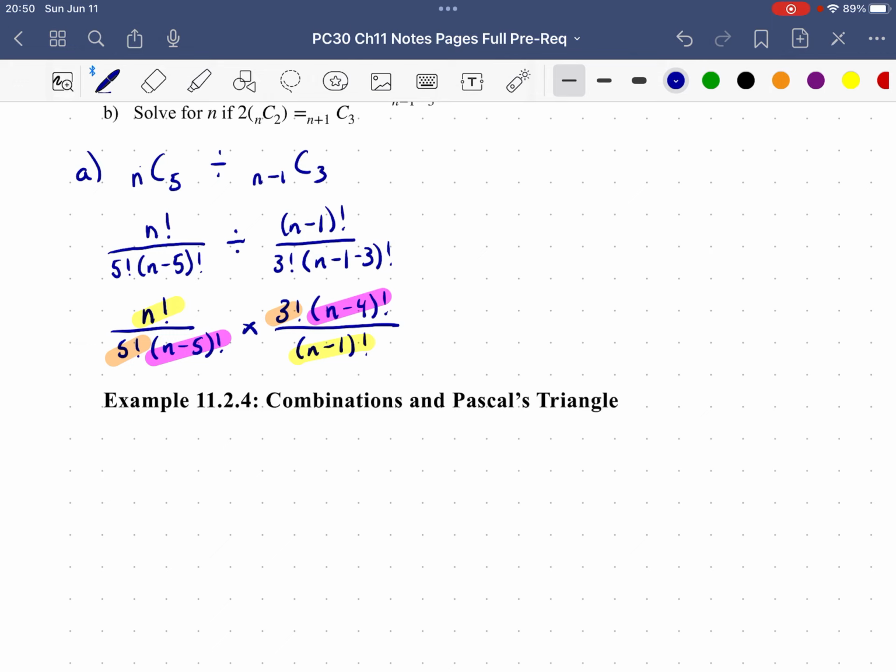So let's take a look at n factorial. n factorial is n times (n minus 1) factorial. Hey, that's neat. 5 factorial is 5 times 4 times 3 factorial, right, because 3 factorial is 3 times 2 times 1. That's kind of nice.